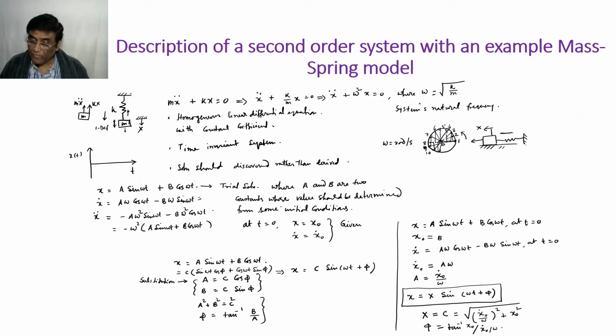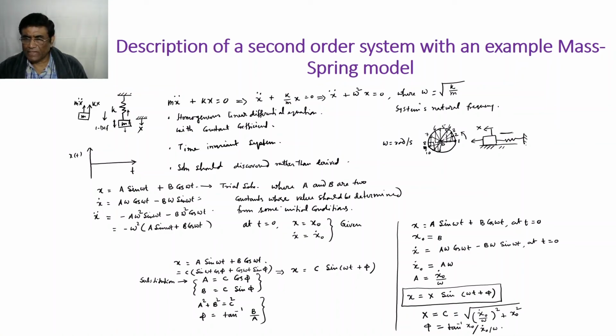So you see that we are able to find the solution for the simple second order linear differential equation having only mass and spring. And we'll study this solution, and in the next lecture we'll see pictorially what will be the nature of oscillation, that means x versus t, x dot versus t, x double dot versus t.